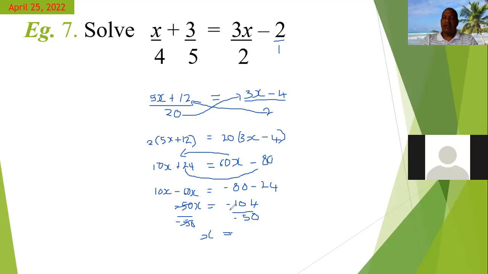Remember the sign is going to cancel out because negative divided by negative gives you positive. So 2 into 104 will give you 52. So the numerator will be 52. And 2 into 50 would be 25. Now that would give you your answer for x.